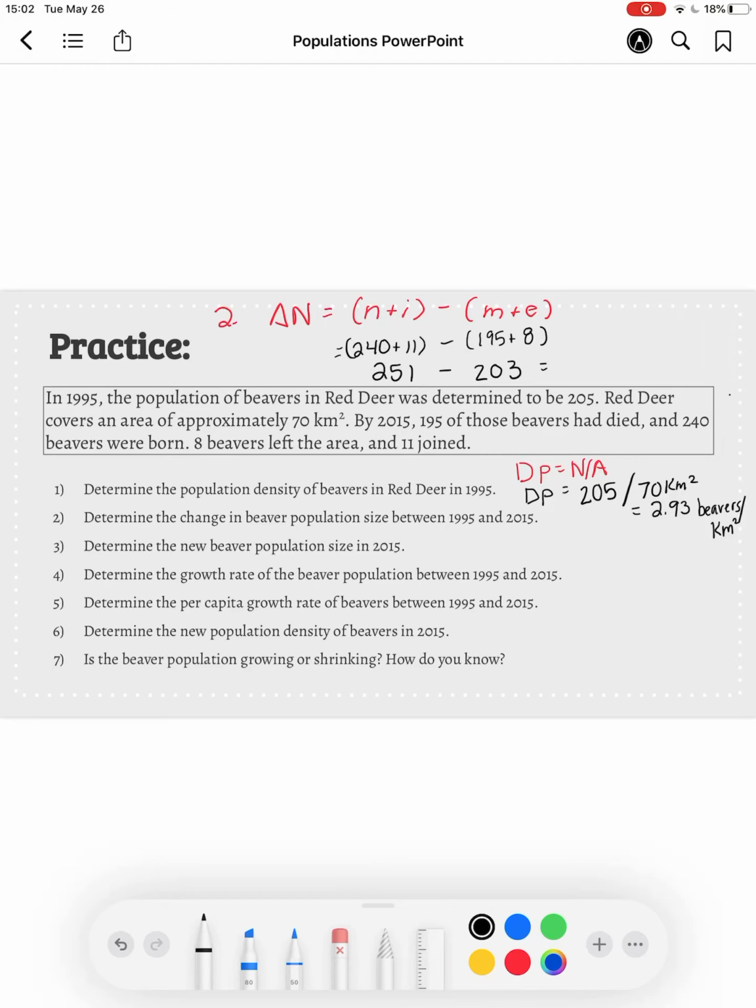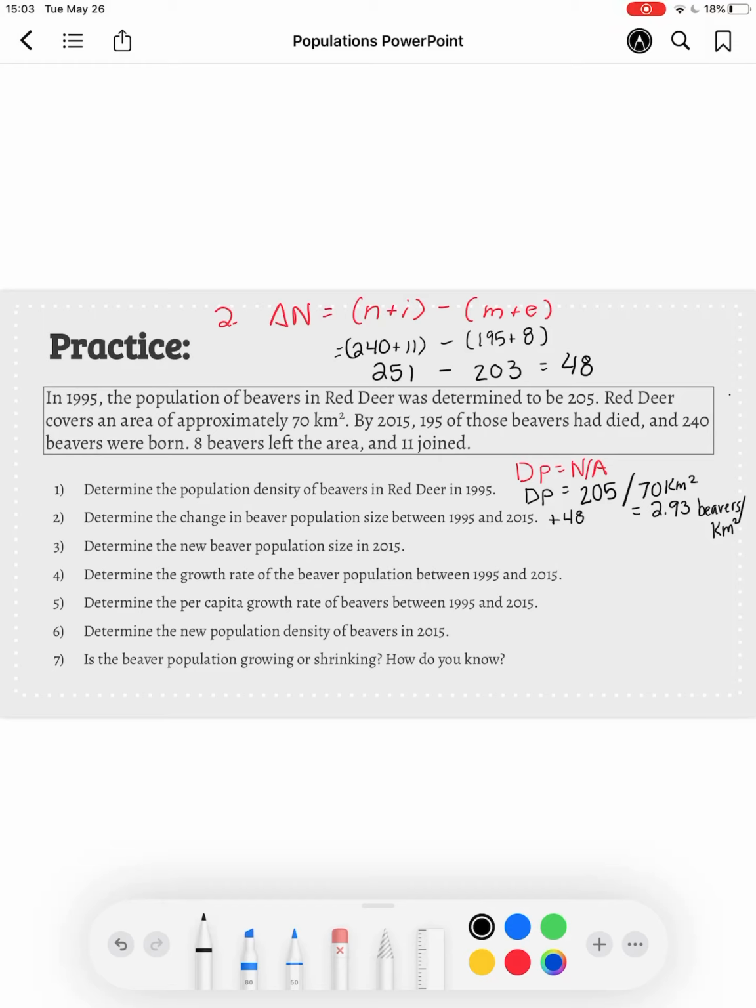And then if I minus those two numbers, I get 48. So the answer to number 2, what is the change? From 1995 to 2015, that's 20 years, the population went up by 48. So it's good to write plus 48.